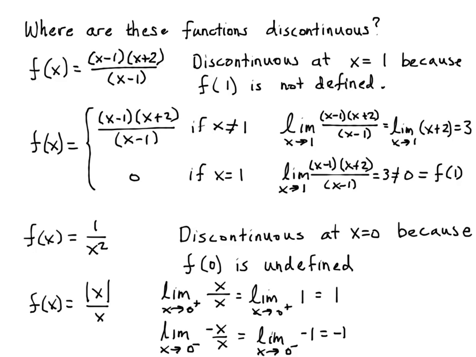This one looks like this, right? And we don't have f of 0 defined, because that would be 0 over 0. So we have a jump there in our function, and so it's not continuous. The limit as we're coming from this direction and the limit as we're coming from this direction are not equal, so the limit does not exist. So this one fails on two accounts. Number one, f of 0 does not exist. Number two, the limit does not exist.